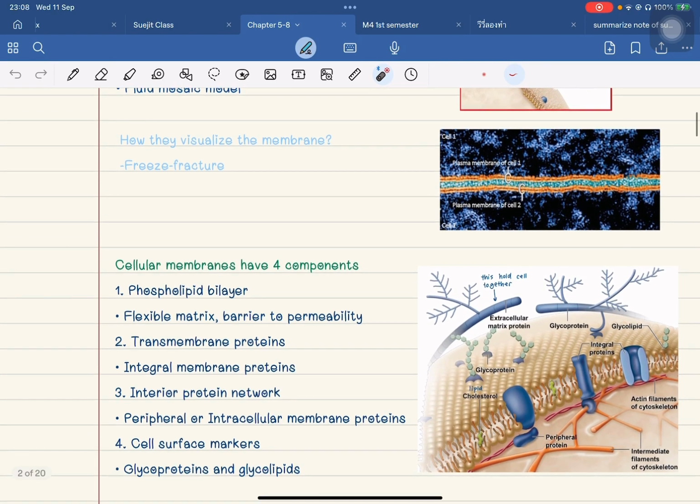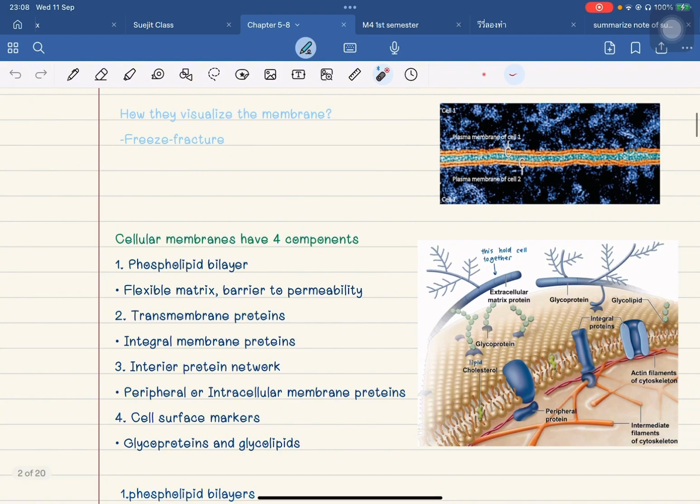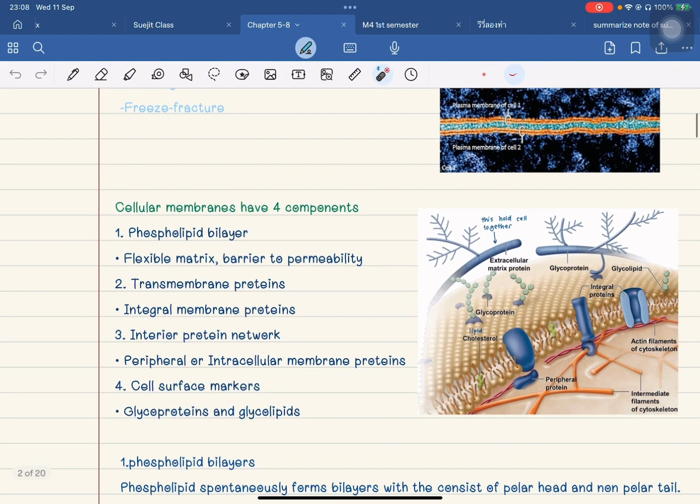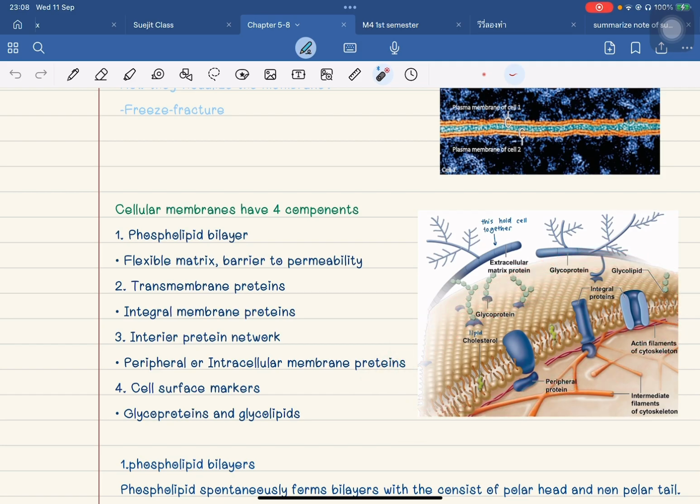So the cellular membrane has in total 4 components. The first one is the phospholipid bilayer, which is this one, the one that we have learned in the midterm. The second one is the transmembrane proteins, which are the integral membrane proteins.